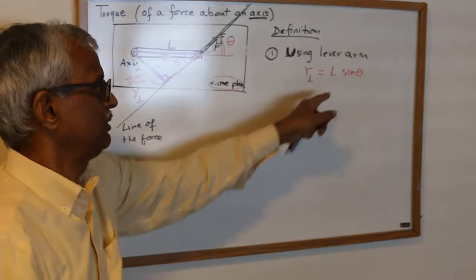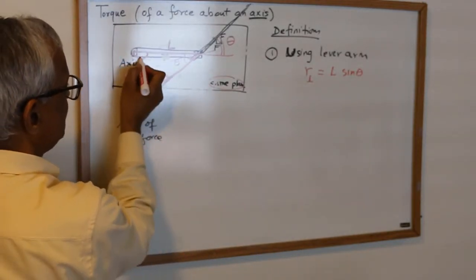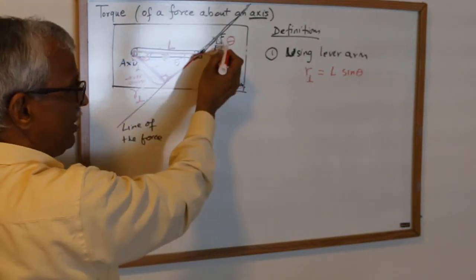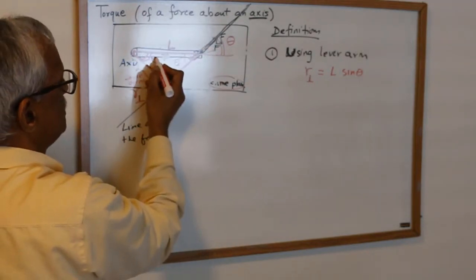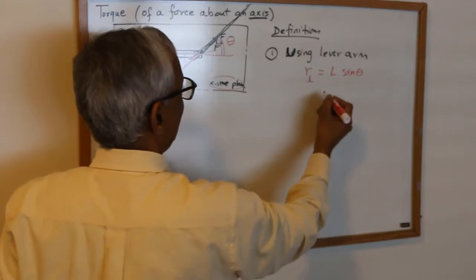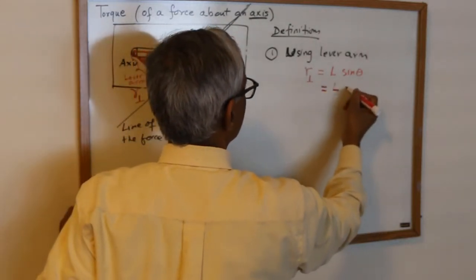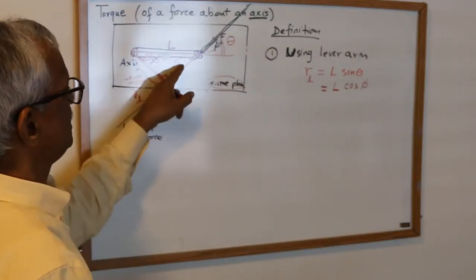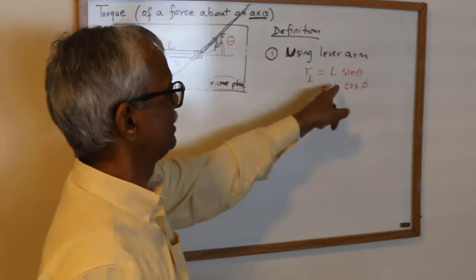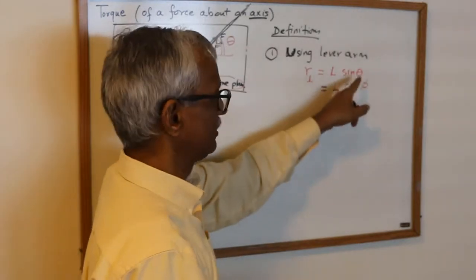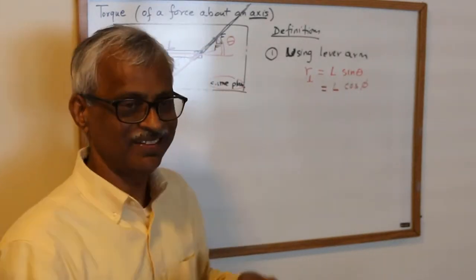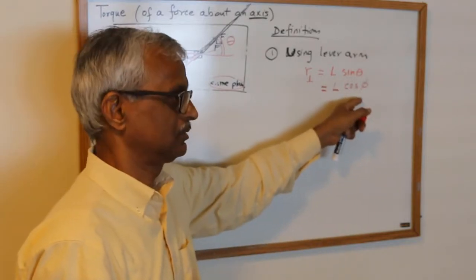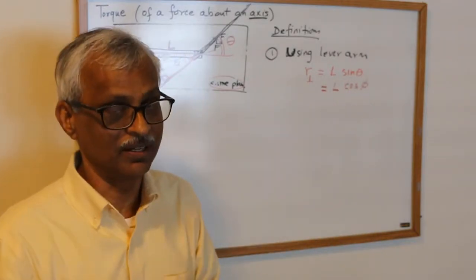Now this may not be sine theta. If I was using this angle, so suppose somehow I knew this angle and not that angle, and suppose this was phi, it will be L cosine phi. So depending on which angle you're going to work with, you're going to use sine or cosine. If you are all the time using sine, and you're working with this angle, you're going to get wrong answers.